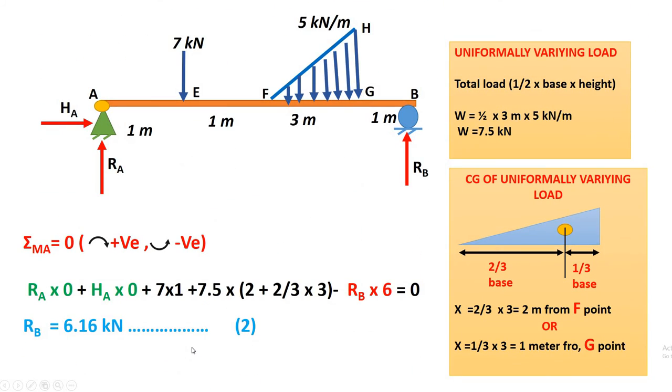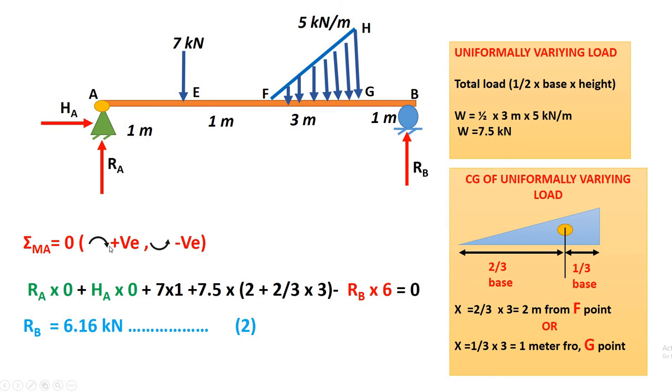Now our next equilibrium condition is that the algebraic sum of all moments about any point is equal to 0. Right now our reference point is A. So here you have to determine the moment of all forces about point A. You have to remember your reference point because you have to take the distance of all forces from point A only.